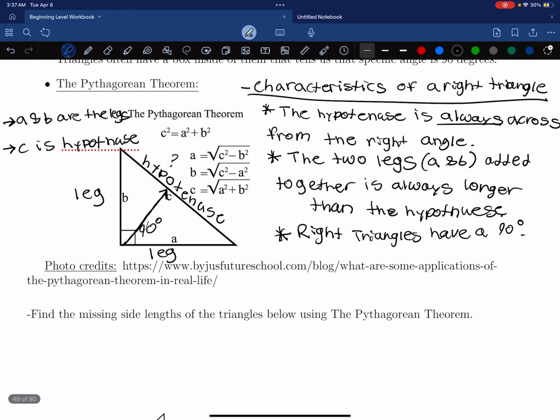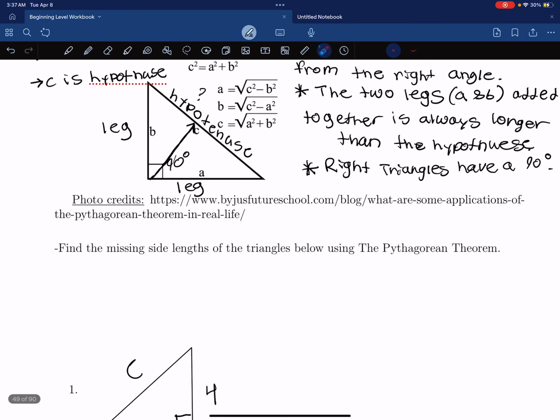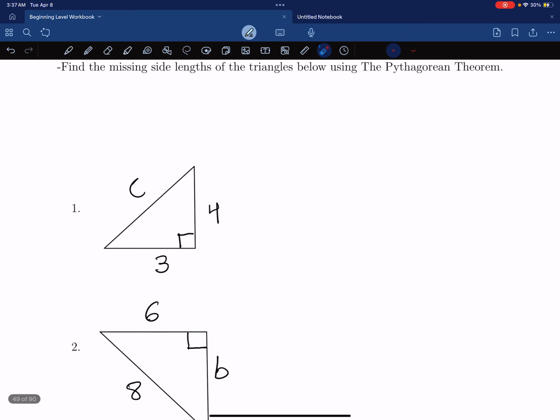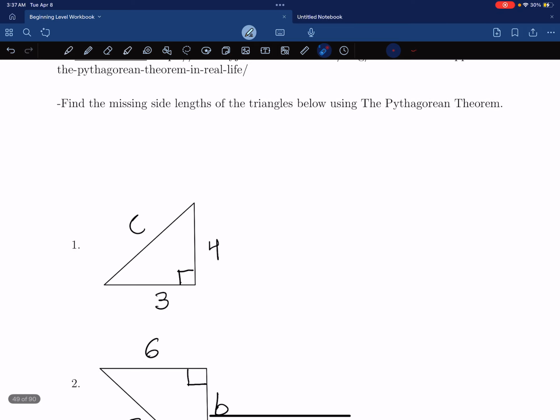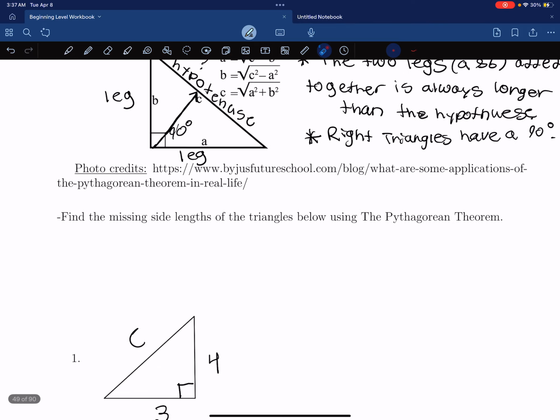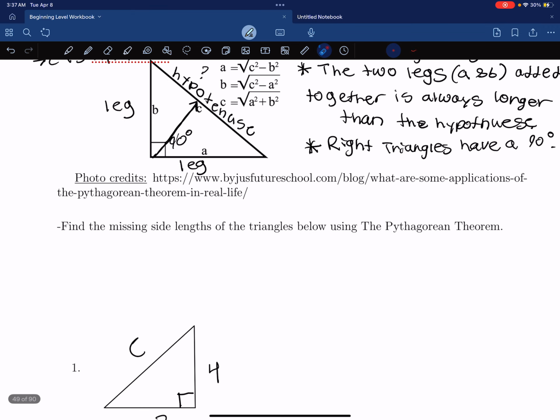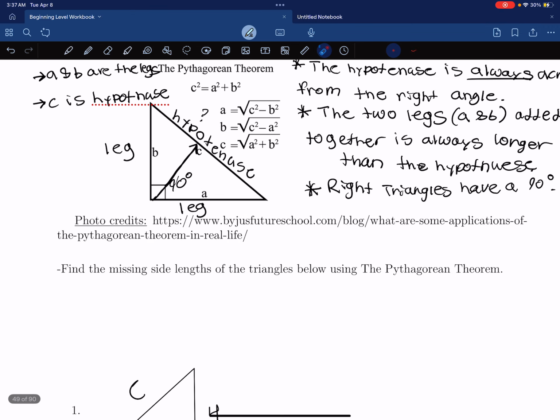And then also, I did not make this photo here that we see. That's all marked up now. So I gave photo credits to the link of the article that made that. So, okay. So below, we're going to now actually find missing lengths for this triangle.